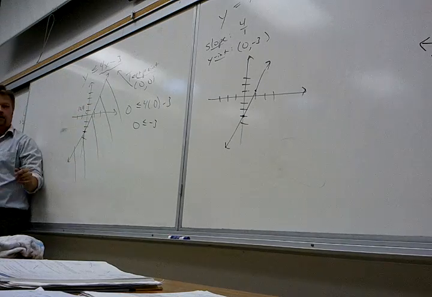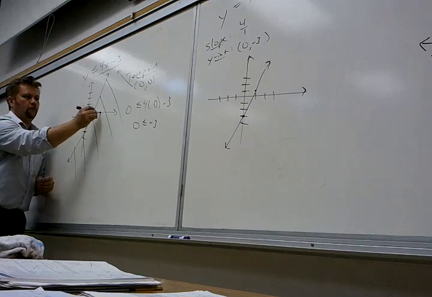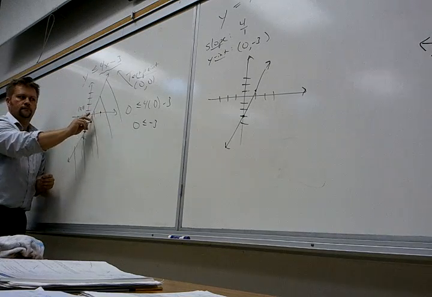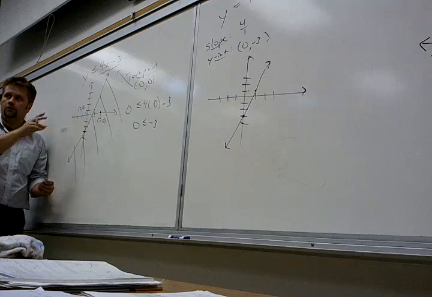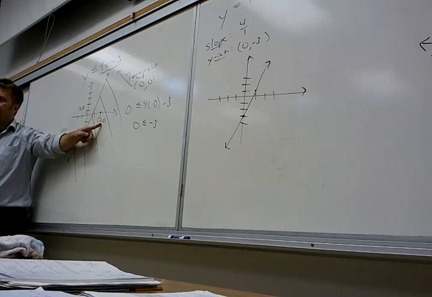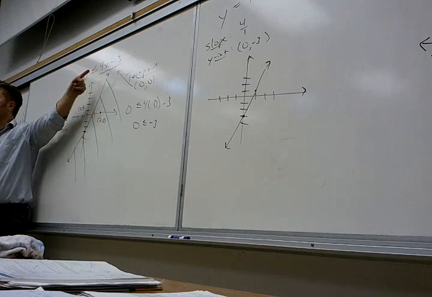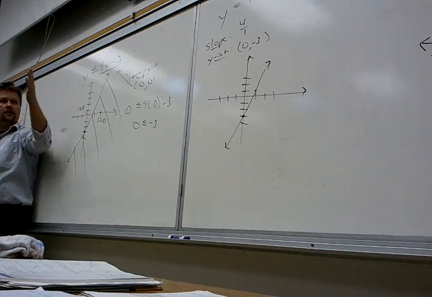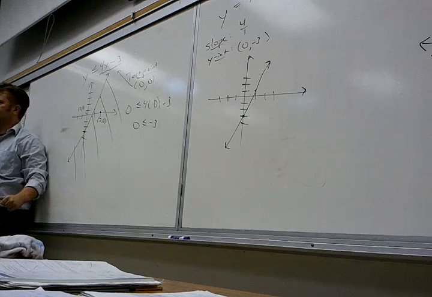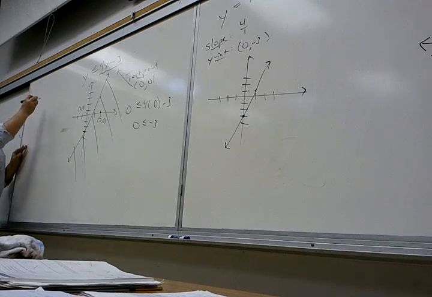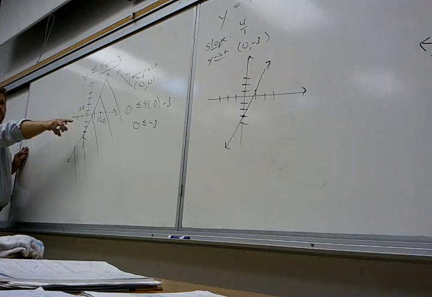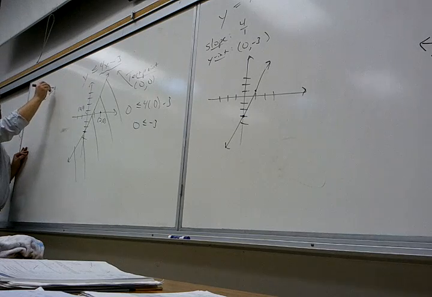Really quick, before I go any further, what does that mean about that point? What is that point? 2, 0. Cool. What should be true about that point then, since it's on that side? It should work. Let's try it. If it doesn't work, you guys can go home and forget about this section. Now, of course, it's going to work. So let's check 2, 0. What do I throw in for y? 0. Is 0 less than or equal to 4 times 2 minus 3, which is 8 minus 3? Yes. So yes, it does work. Of course it will.